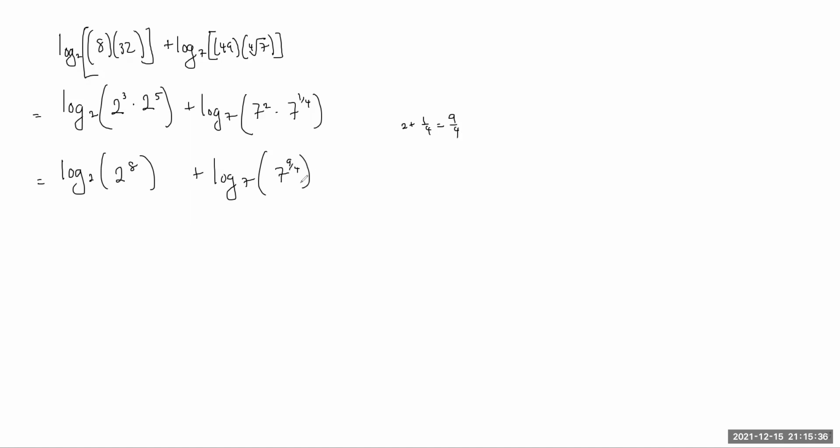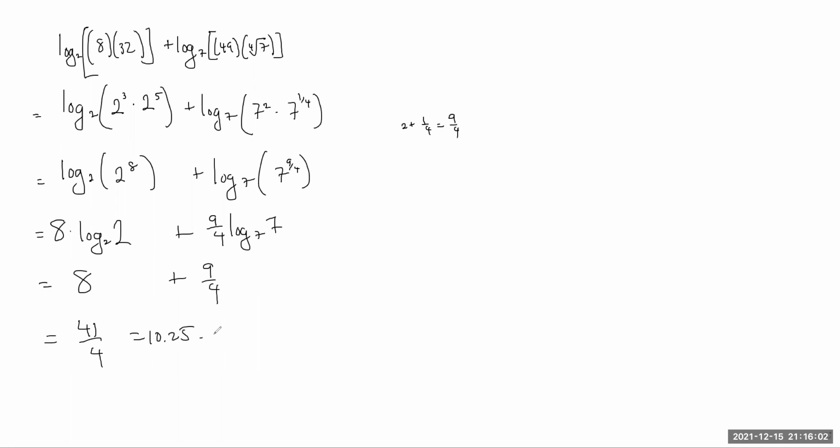Using the power law, the exponent drops down as a regular coefficient. We have ourselves 8 times 1, 9 over 4 times 1. So the final answer is 41 over 4, or 10.25, of course.